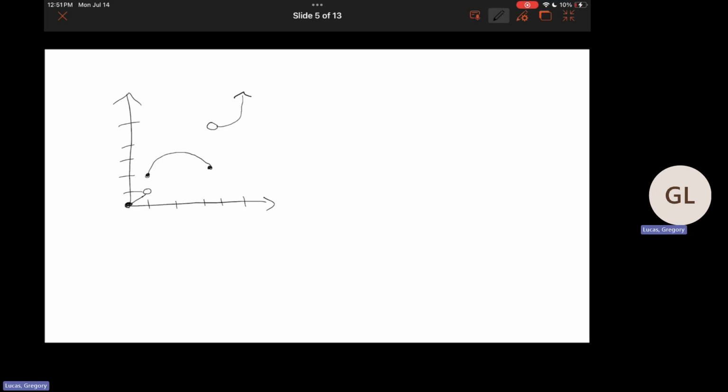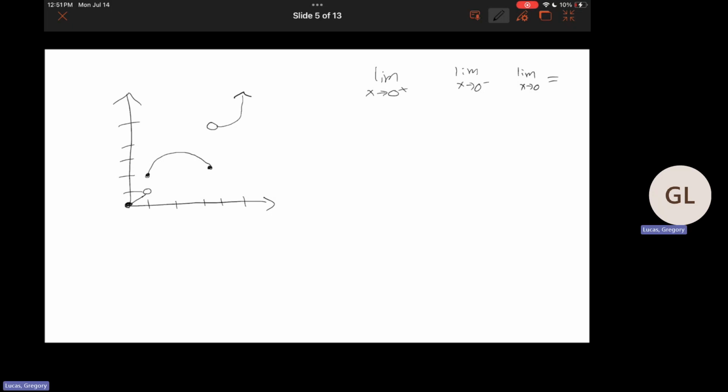Say our function looks something like this. Let's find some limits. So let's say we have the limit as x goes to 0 from the right, the limit as x goes to 0 from the left, and then the limit as x goes to 0.